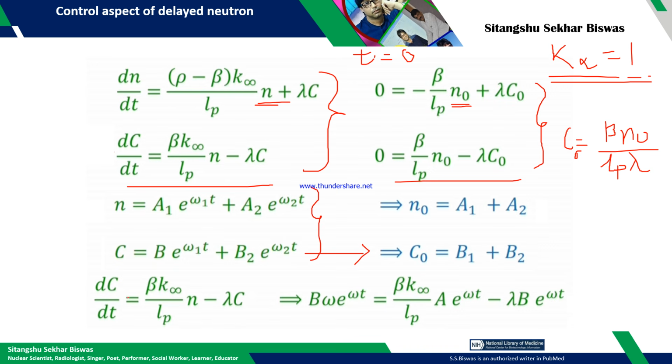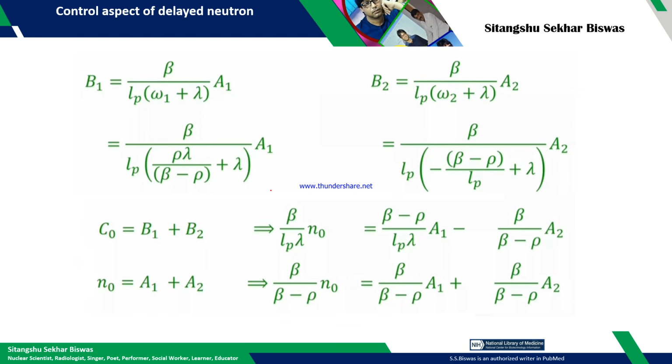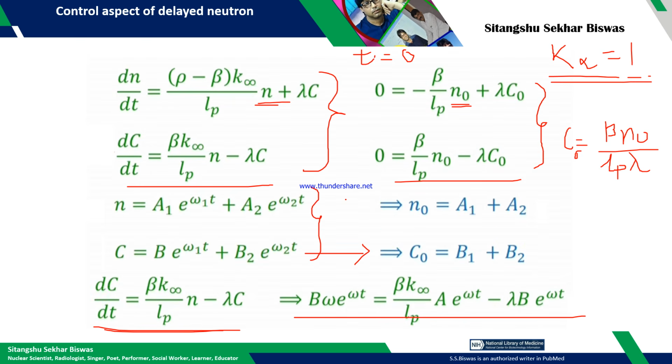So now in the second equation, you can put C is equal to B e to the power omega t. So I am putting that here and getting this equation. But you remember now that omega has two roots, one is omega 1 and the other is omega 2. So if you put that, basically now this side will cancel out, this will also cancel out, and this will also cancel out.